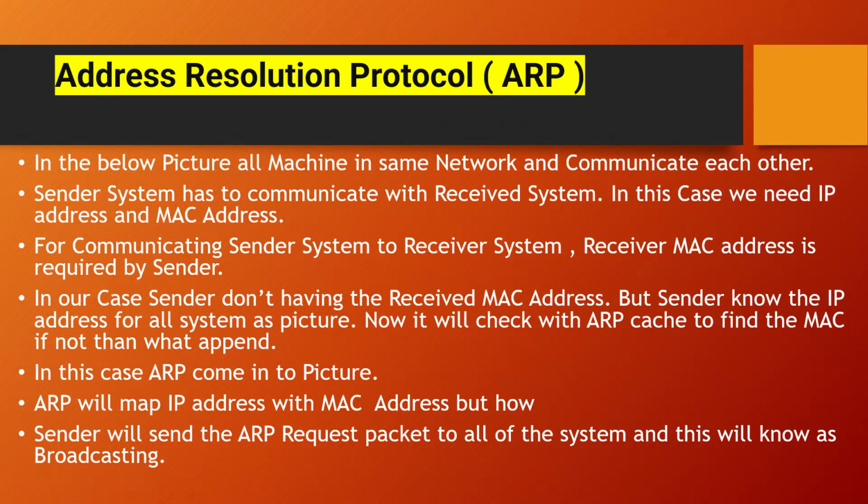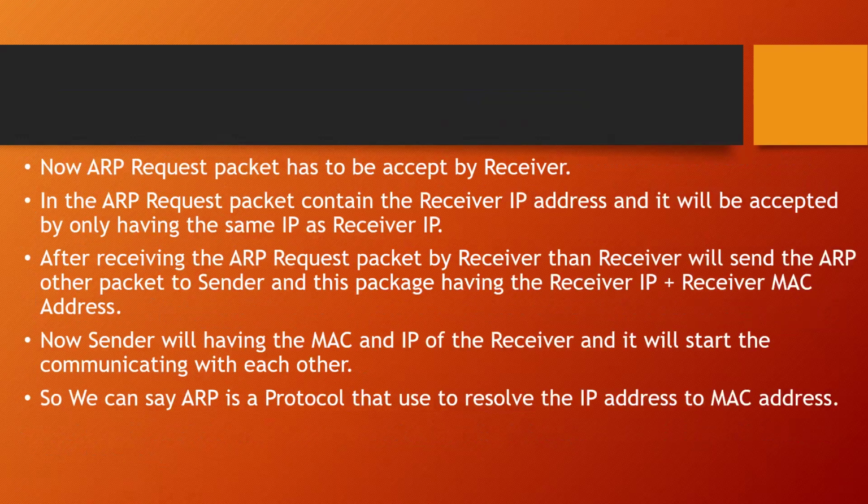So your sender doesn't know the MAC address, but he knows the apartment, that is the building, and he's shouting, meaning he's doing the broadcasting, and asking everyone, please tell me who has this IP. Then the receiver is going to give its MAC address. Now the ARP request packet has been accepted by the receiver, meaning Manoj accepts: hey, I am Manoj, I am here.